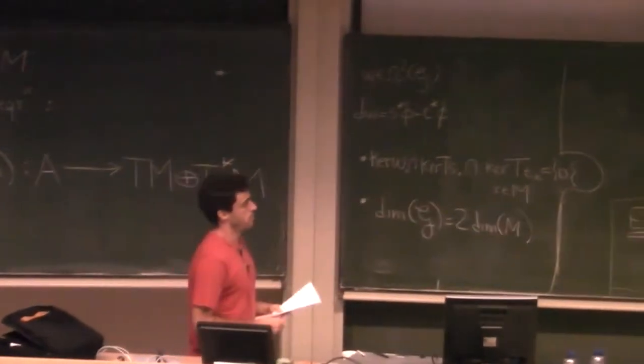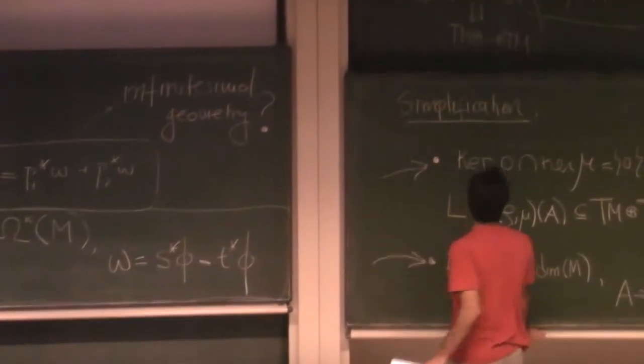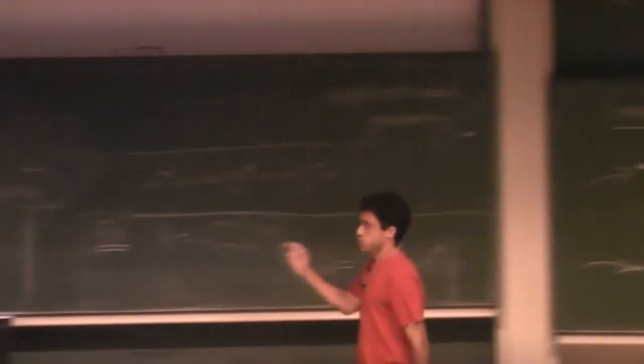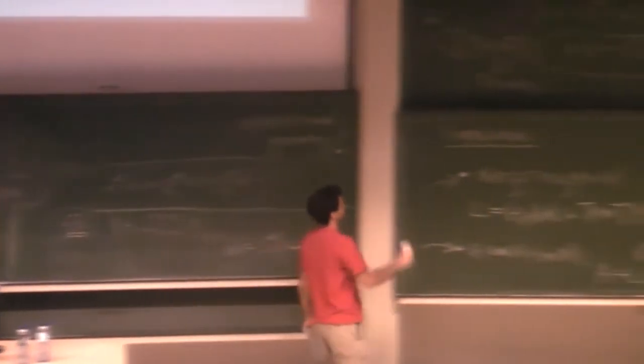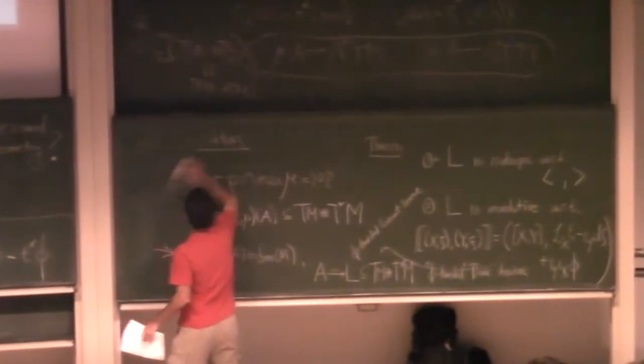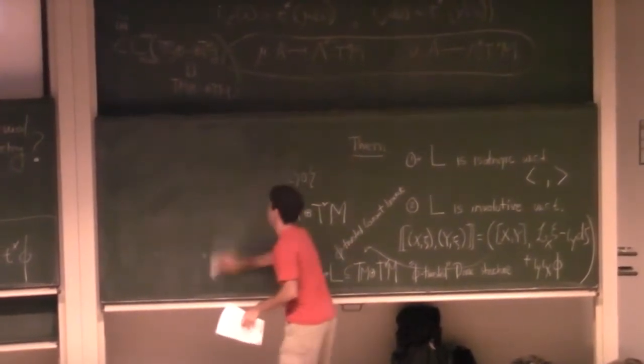So let me give you a concrete example that now will relate this business to Anton's course. Let me give you a very concrete example of a twisted Dirac structure, and then we'll see what the global counterpart of that twisted Dirac structure is explicitly.